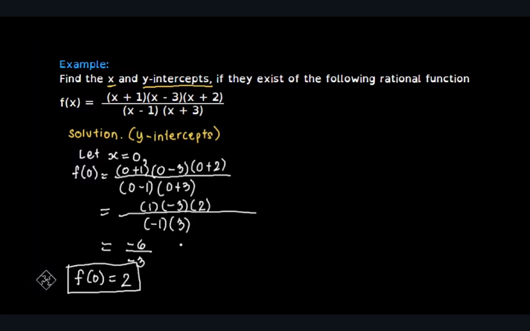Ang gagawin natin, magko-conclude na tayo dito. So, kung meron tayong 2, kapag sinubstitute natin yung 0, therefore, the y-intercept here is 2. And that's it. Okay, ganun lang siya. Ganun lang natin gagawin, no? Yung solution para mahanap natin yung y-intercept.